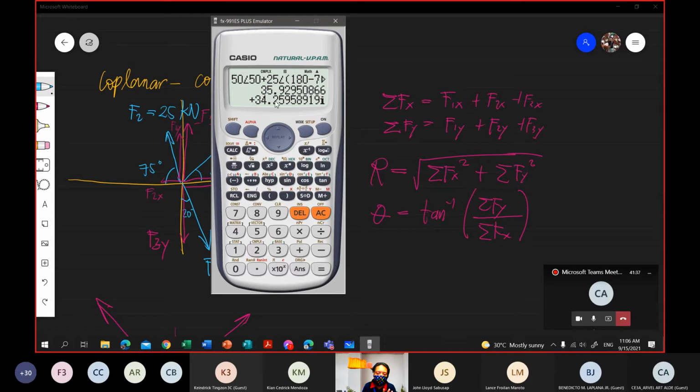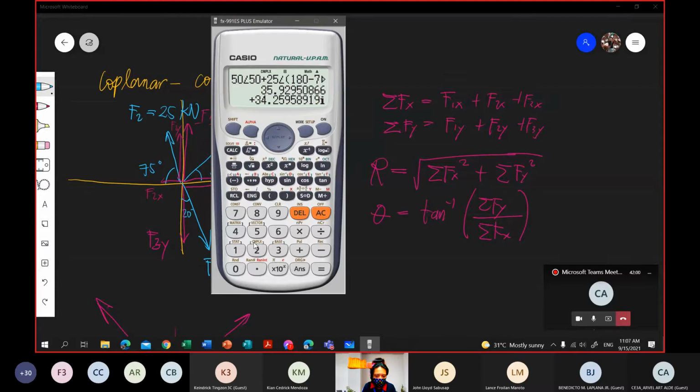Now, how do you get R and theta? In complex mode, if you go right here, number 2, above it there is the word complex.